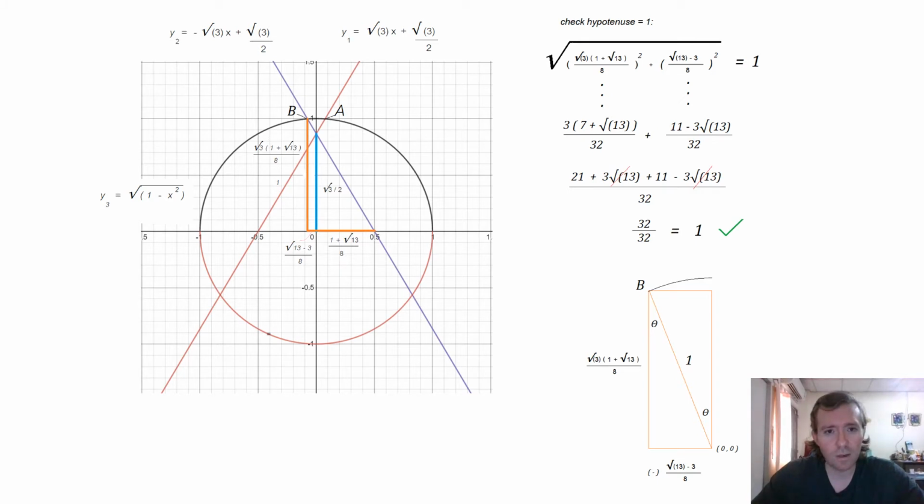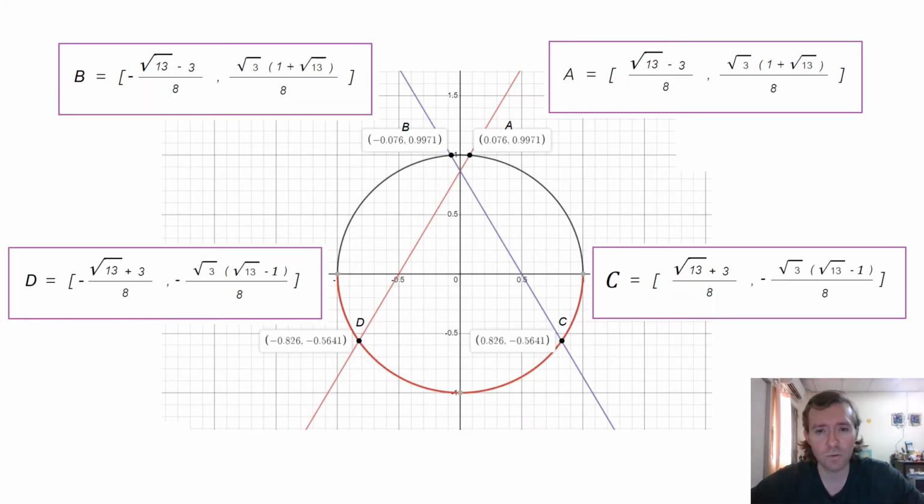So that answer is correct, and furthermore we can expand that answer and reveal that points A, B, C, and D have these x and y coordinate values respectively, minding the negatives in the respective quadrants.